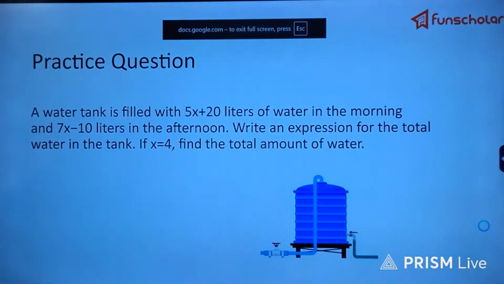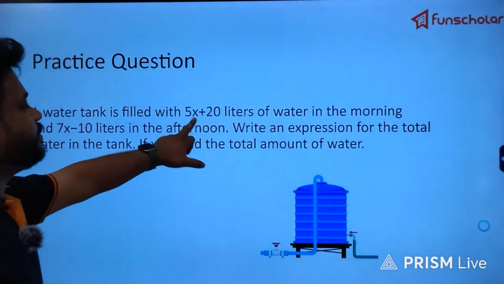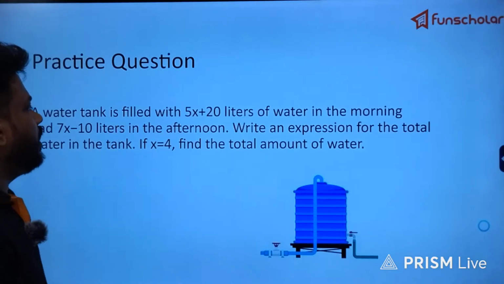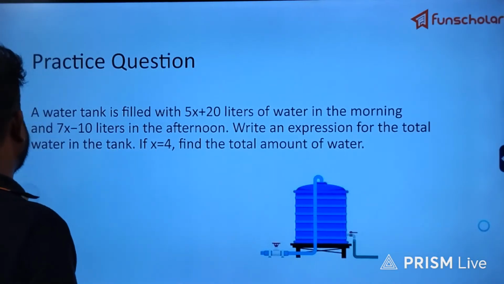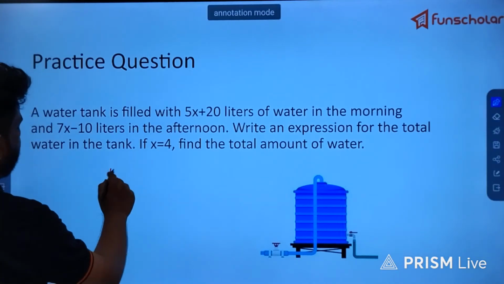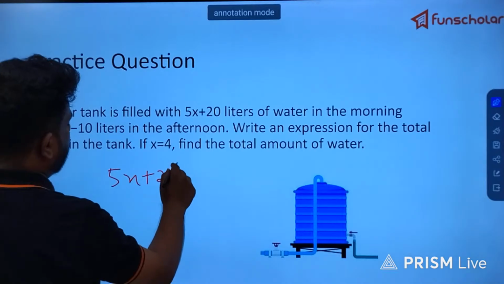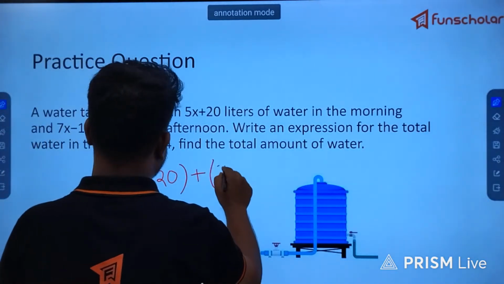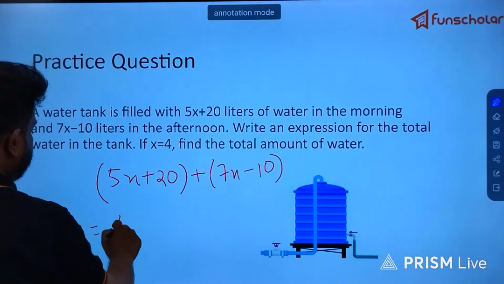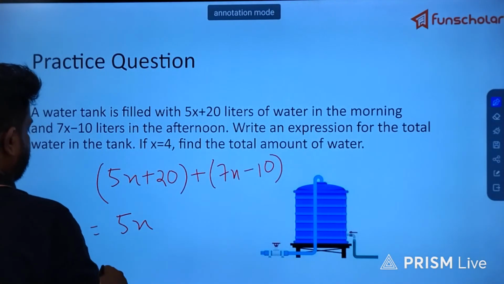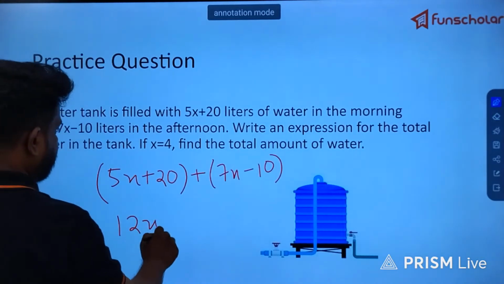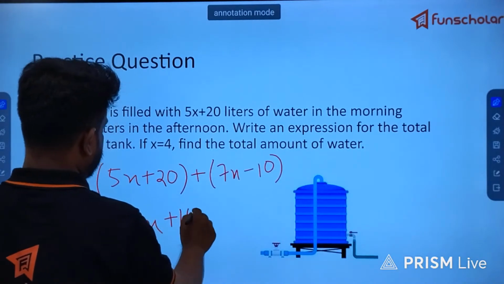Now do this one. A water tank is filled with this much liters of water in the morning and this much in the afternoon. Write an expression for the total water in the tank if x equals 4. They have filled 5x plus 20 in the morning and 7x minus 10 in the evening. If we add them, 7 plus 5 will be 12, so it will be 12x plus 10.